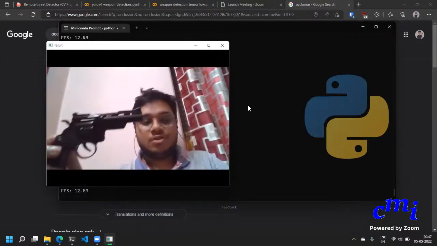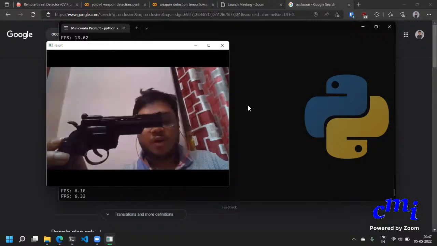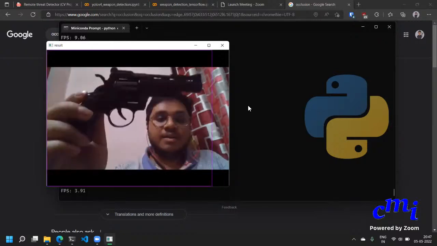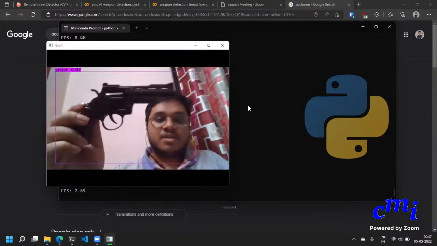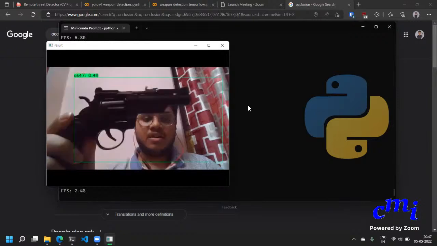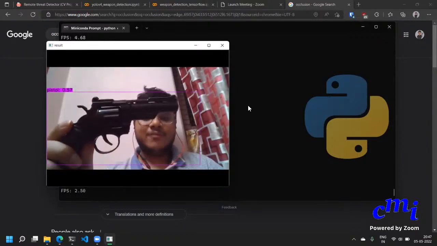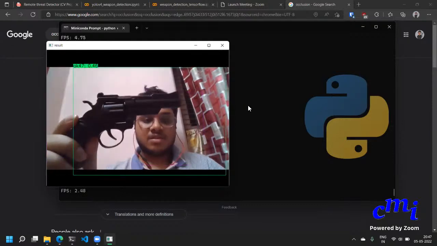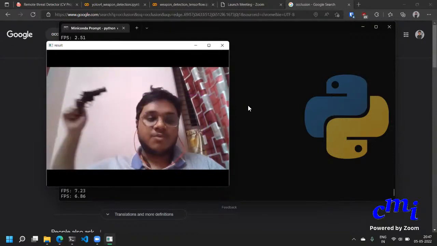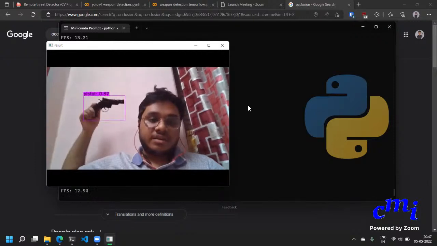The confidence is obviously very high. But when I bring it in front, I'm also coming into the background, which decreases the confidence a bit. When I take it far away, it is just a monotonous background.